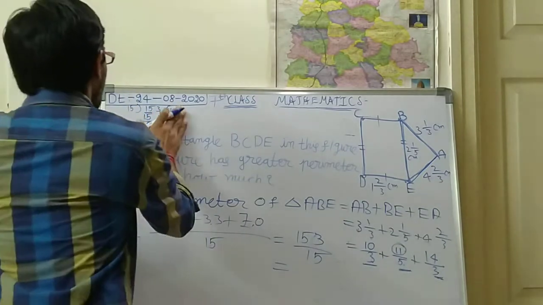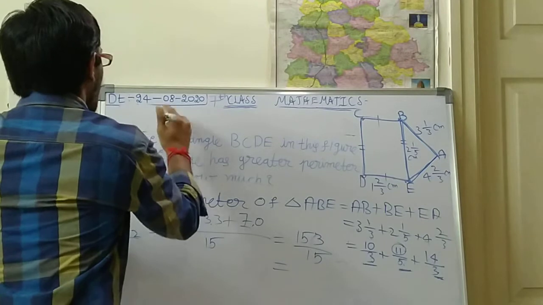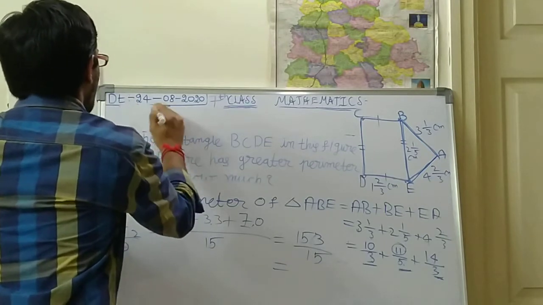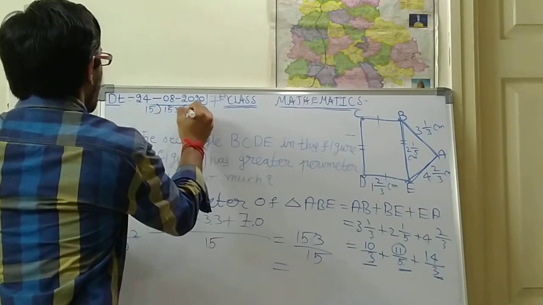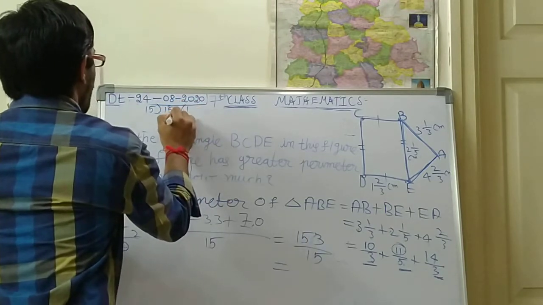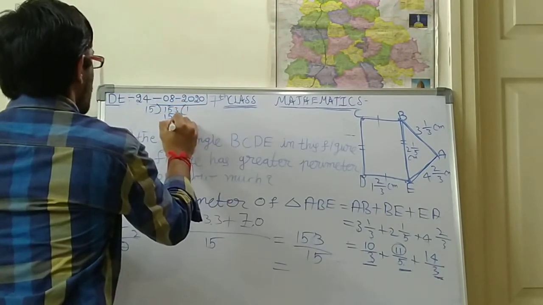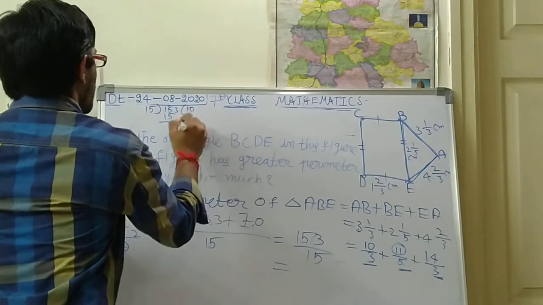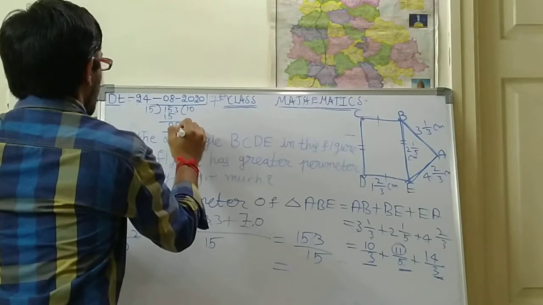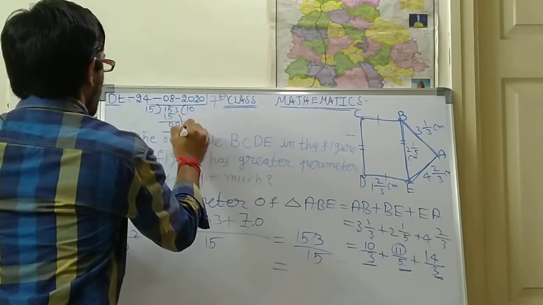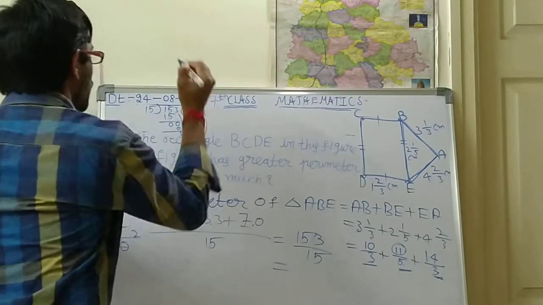So 15 ones are 15, 0, next tens, 0, next 3. Okay, 3 will be remaining.